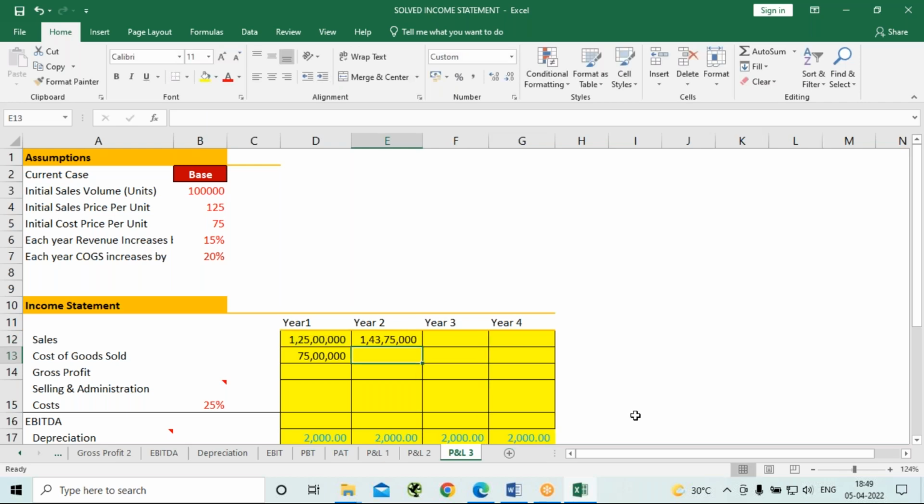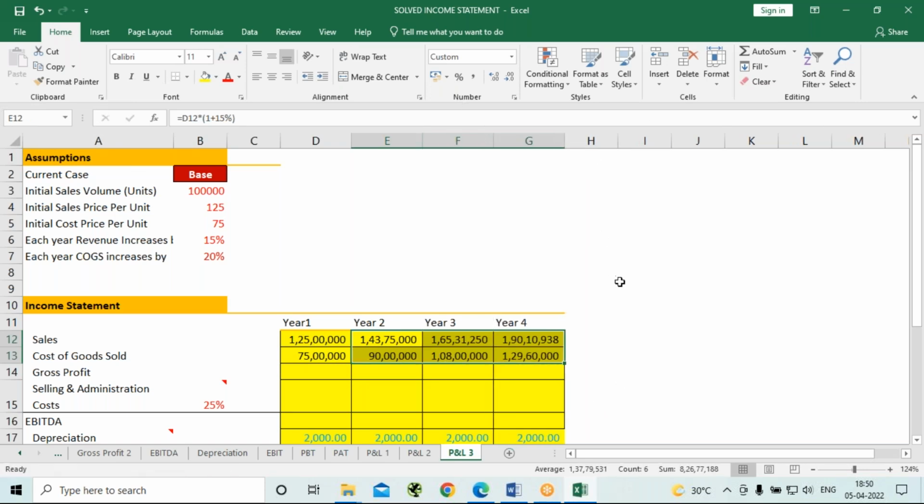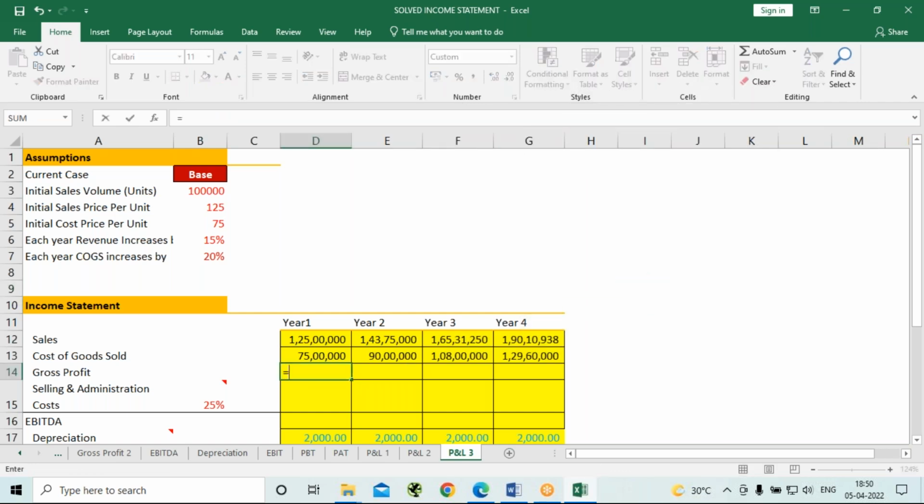And the COGS value increases over the previous year value into, open the bracket, 1 plus 20%. So this is how we are going to calculate. Then the gross profit value will be sales minus COGS, drag it.